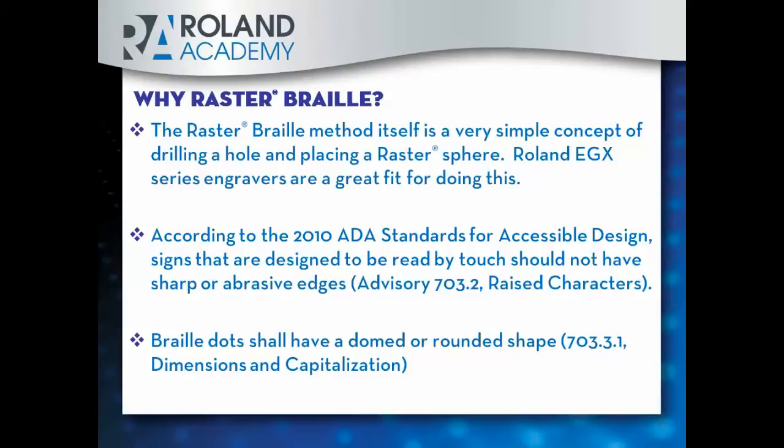Also, in the ADA standards, it does specify that braille dots must have a domed or rounded shape. And I actually make note of the section in the ADA standards, which is 703.3.1, which covers dimensions and capitalization. Now, with photopolymer, because it's an etching system, it leaves the dots flat on the surface.